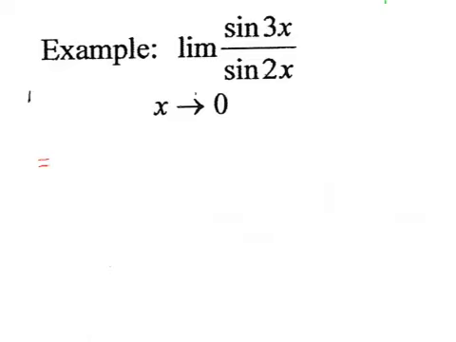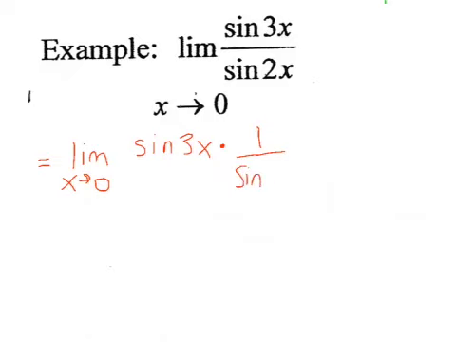So the first thing we're going to do is rewrite this as the limit as x approaches 0 of the sine of 3x times 1 over the sine of 2x. So now what I want to do is give this term a 3x on the bottom.